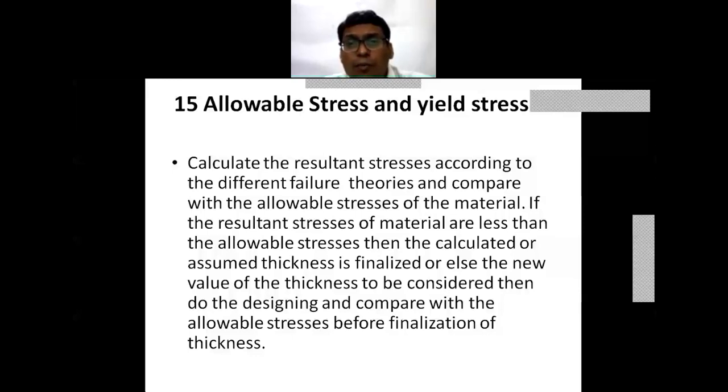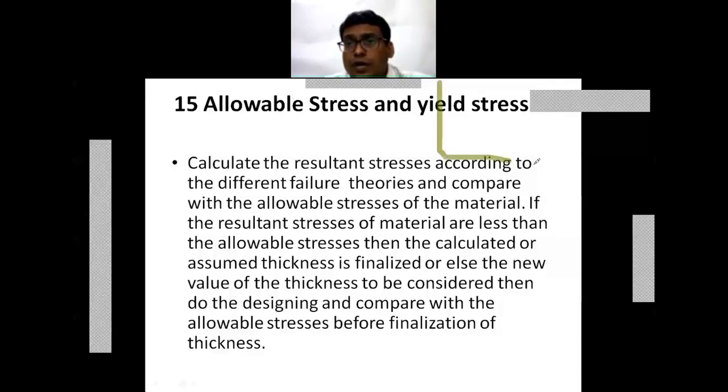So allowable stresses क्या है? जो कुछ yield stress है, maximum stress है, उससे ज्यादा exceed नहीं होने चाहिए. This yield stress, which is the maximum point, beyond that one should not go.